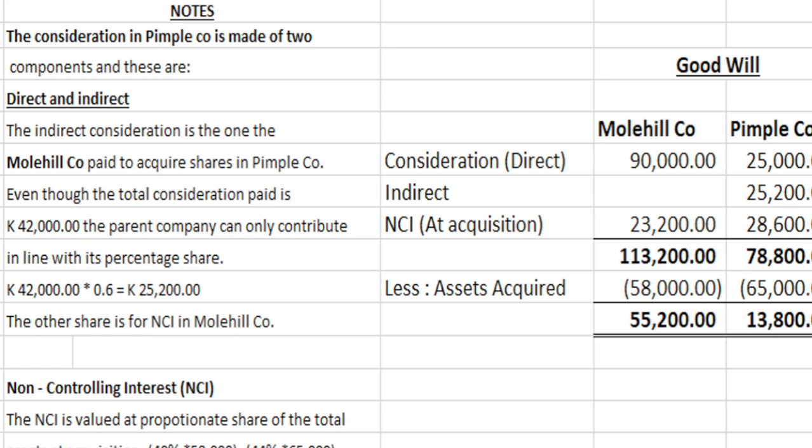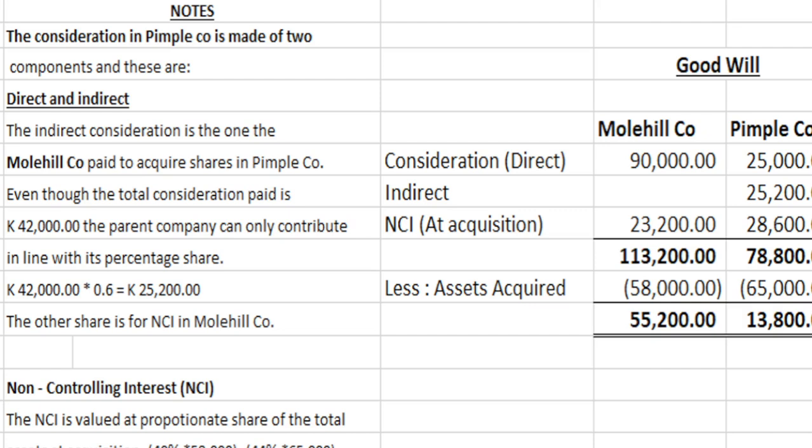So you now see that it's very important to calculate the total assets acquired before you calculate the goodwill, because here the NCI at acquisition is just the proportionate share of the total assets acquired.